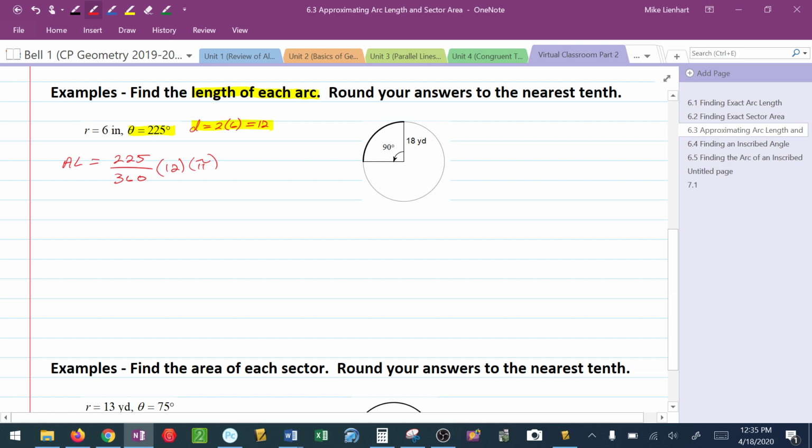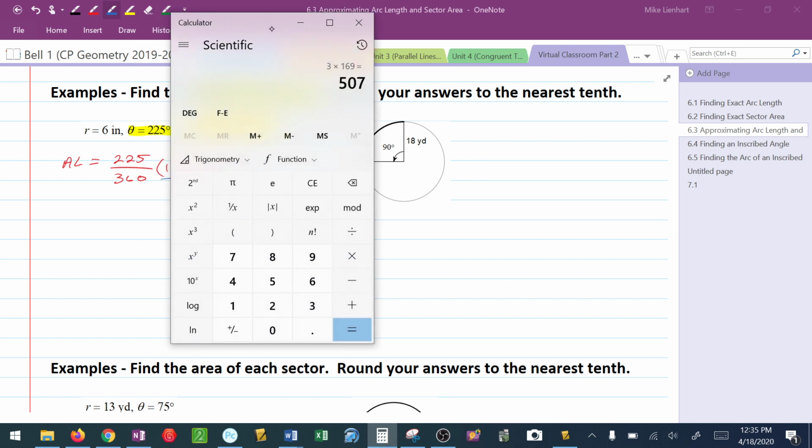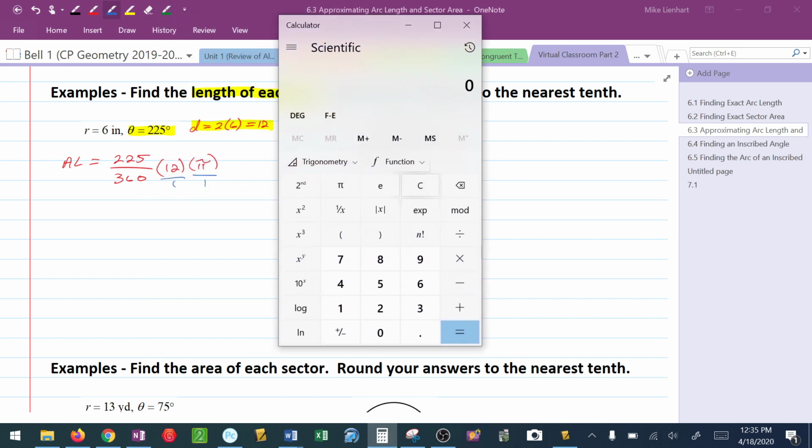Now, when I look at all these numbers, remember, these are all really divided by 1 when we write them. What I want to do here is make my work as simple as possible through the use of the calculator. I'm going to multiply 225 times 12 times pi. Notice I'm not using 3.14 or anything like that. I get some decimal, and again, I am not rounding.